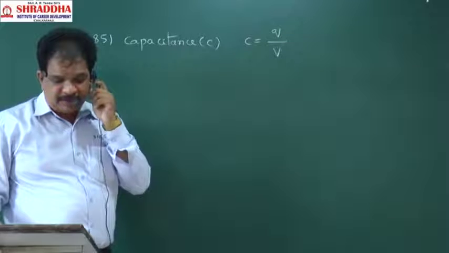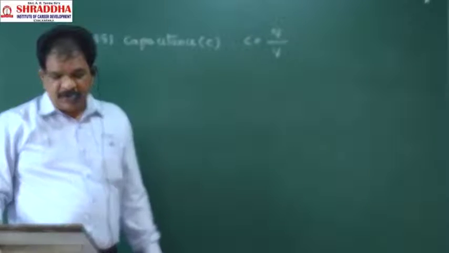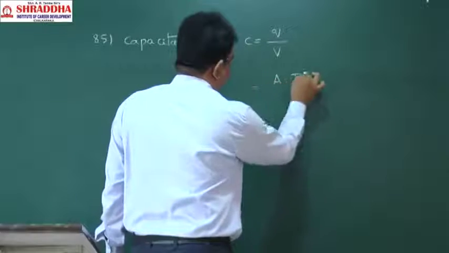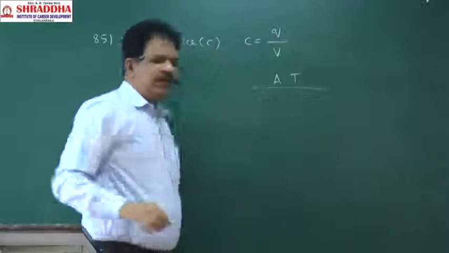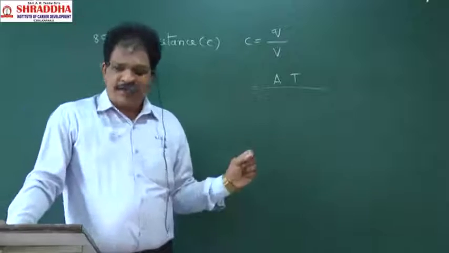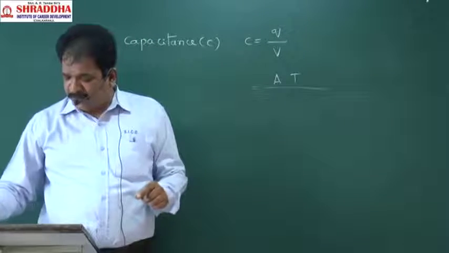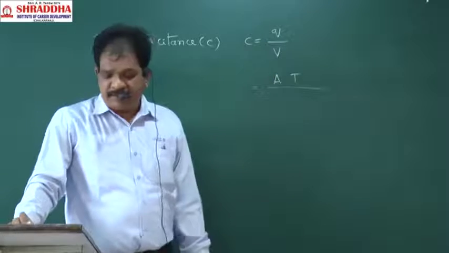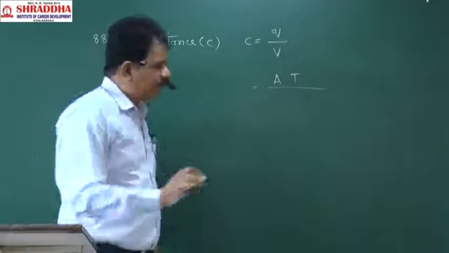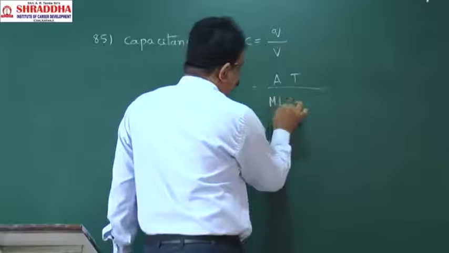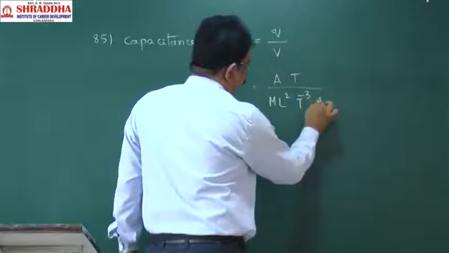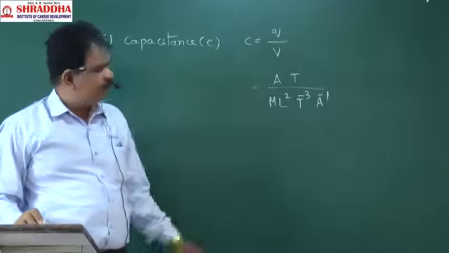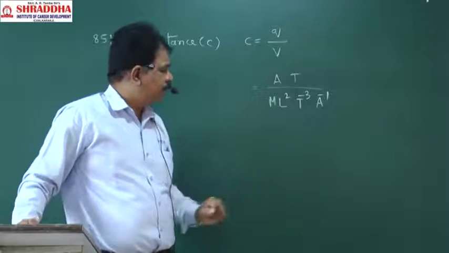If we write the dimensional formula for that, how much will we get? Q is charge, and the charge dimensional formula will be AT. In the same manner, V is the potential. The potential dimensional formula is M L square T power minus 3 A power minus 1.